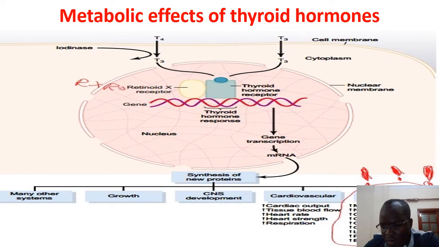If you have more mitochondria, it means you're using more oxygen, because in the mitochondria, the oxygen will function as the final electron acceptor in the electron transport chain at complex number 4. That's where the oxygen will accept the electrons and then bind with hydrogen ions for the formation of water. So if you're producing a lot of mitochondria, it means you are also using a lot of oxygen, which makes sense. So oxygen consumption is going to increase.